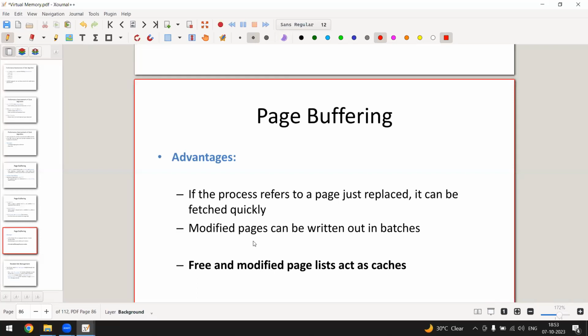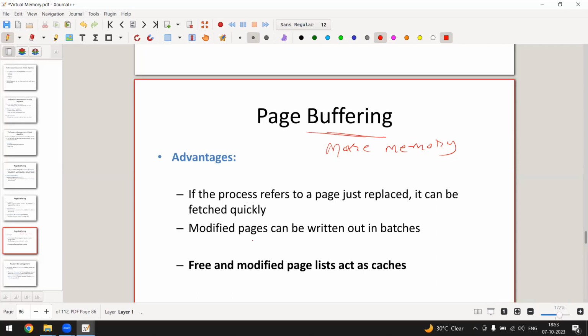So you require some more memory to store such cached pages. That is the disadvantage. Its advantage is that your overall execution may be faster, because whichever page you assume is replaced is already there in the cache, and you directly get it.